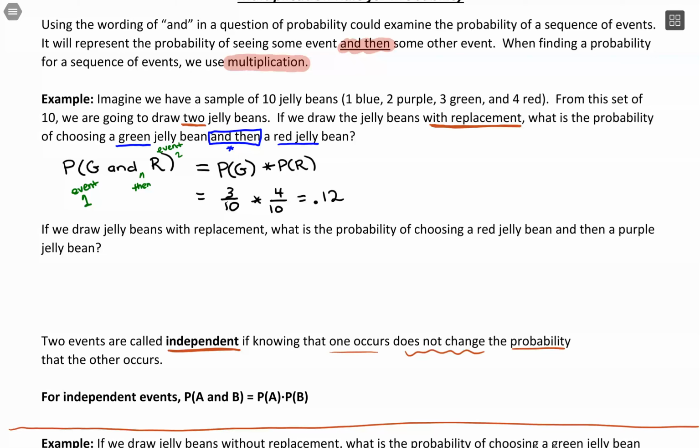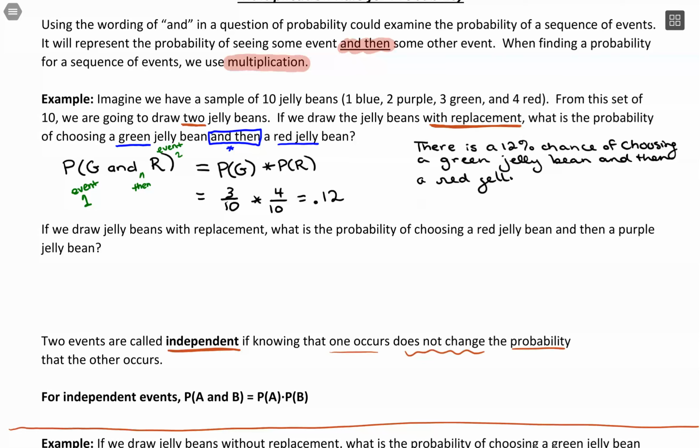So with this, how we would interpret it is there is a 12% chance of choosing a green jelly bean and then a red jelly bean.